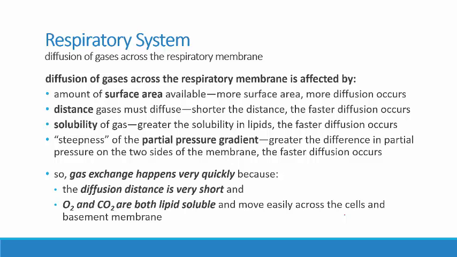They are also very soluble in water, so they make their way through the very thin layers of cytoplasm. And finally, it's a steep concentration gradient because it's relatively high on the high side and relatively low on the low side. So lots of diffusion happens very quickly. Because the diffusion distance is short, because of the solubility of both oxygen and CO2, and because the partial pressure gradients are steep, we see lots and lots of diffusion occurring in the lungs.